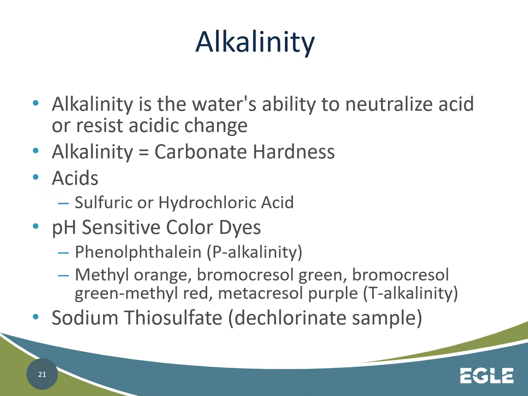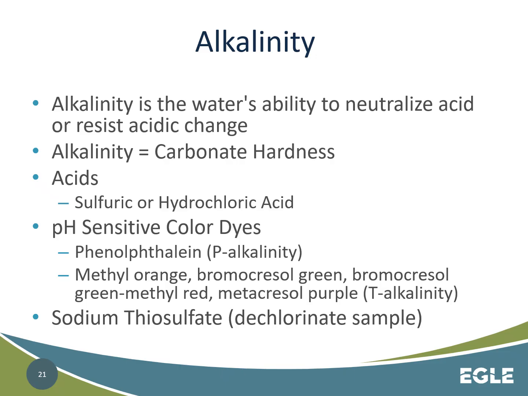And alkalinity is required if you're going to be adding phosphate, because orthophosphate is typically phosphoric acid. It's the water's ability to neutralize or resist acid change. And along with that, the orthophosphate reacts with the alkalinity to form a physical barrier outside the pipe. So alkalinity is equal to the carbonate hardness of water.